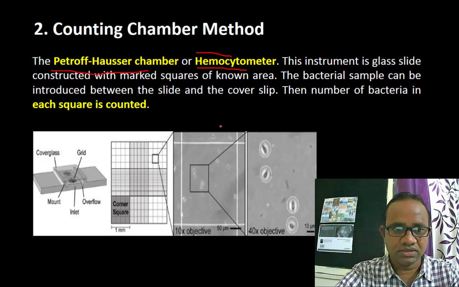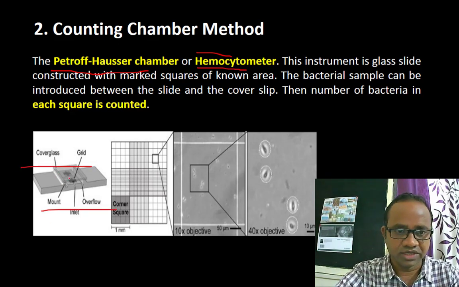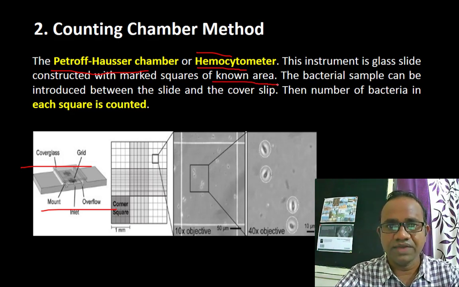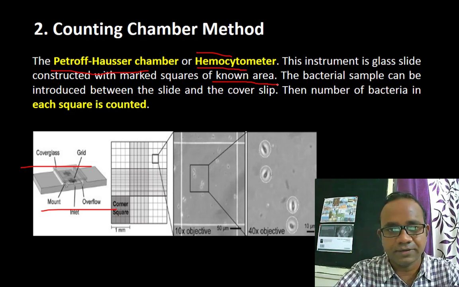You can see this hemocytometer is made up of glass, and at the center of the glass certain squares are marked, or etched, or printed on the surface. Each square has a known area, that means the area of every square is already known, so we can easily count the cells and then calculate the total number of bacteria.